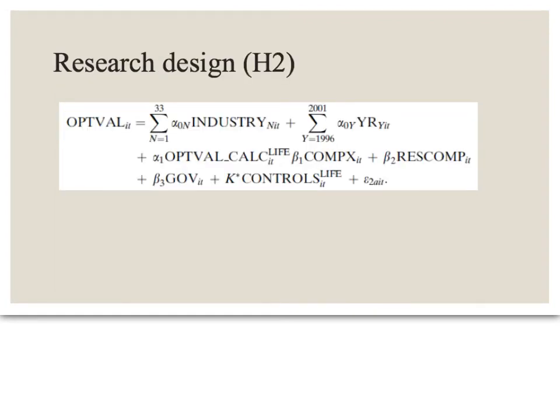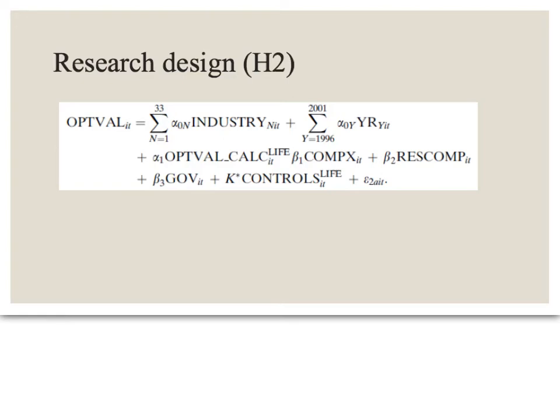So this is the model to test which of the inputs are associated with firm's understatement of option value estimates. We isolate one input assumption at a time. I only listed one here, but we have 4 models for each input assumption. We have 4 inputs, so we have 4 models.